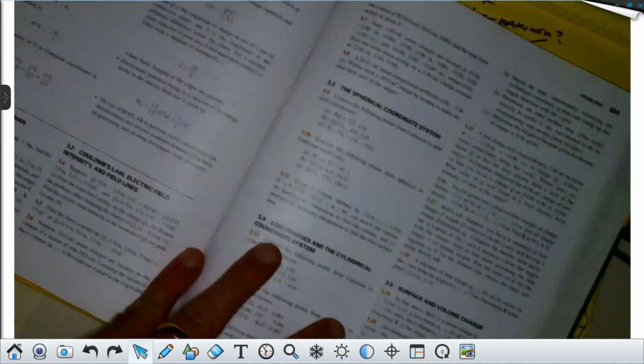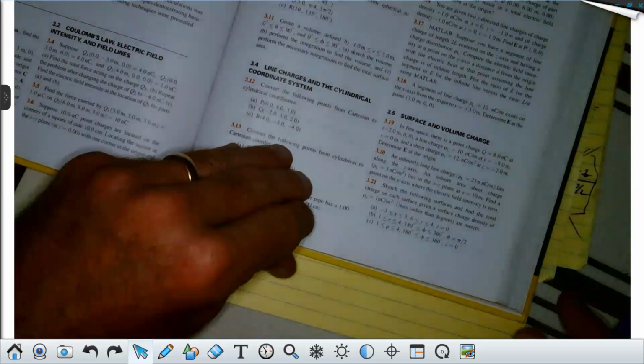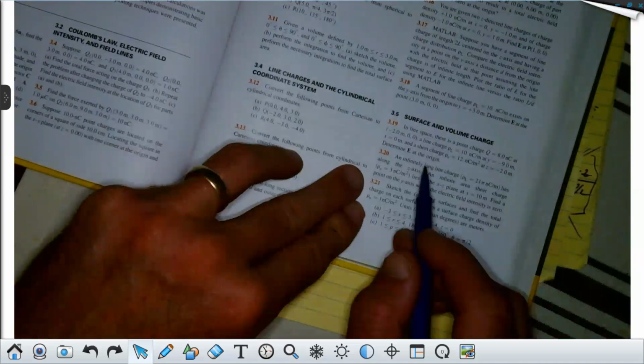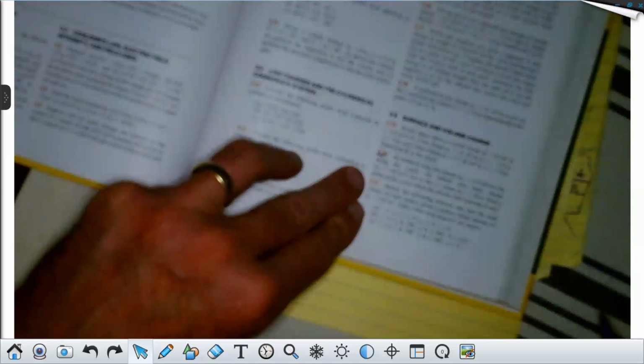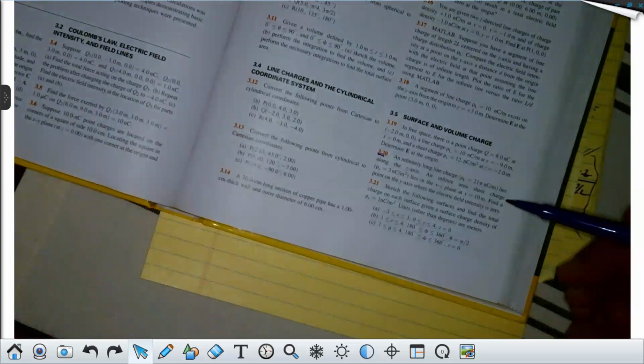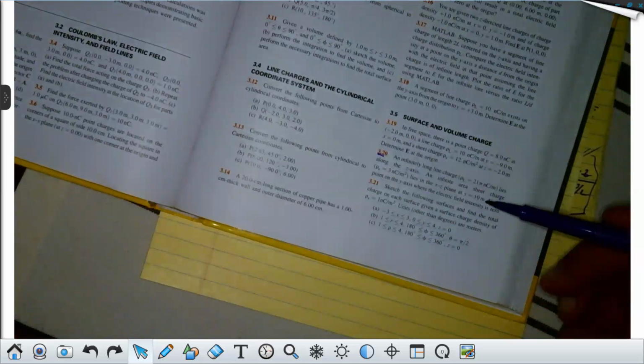Okay, if you were to take a look at this, it's classic stuff. Problem 320 would be a great problem. You've got an infinite long line of charge that lies on the z-axis. Then you have an infinite sheet of charge that lies in the xz plane at y equals 10 meters.